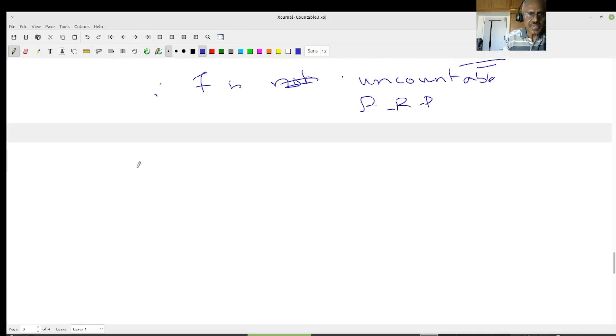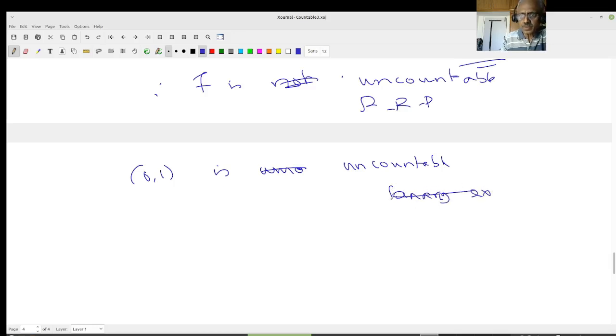So this result can be used to prove, for example, that [0, 1] is uncountable. But it requires binary expansion. Any number x here can be written as 0.x1 x2 ... xn ..., where each x_k lies between 0 and 1.